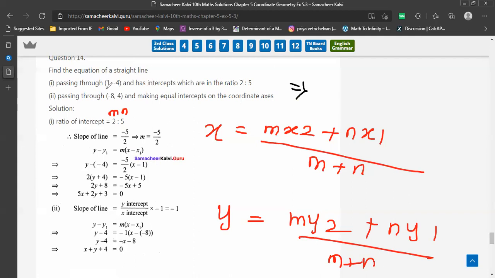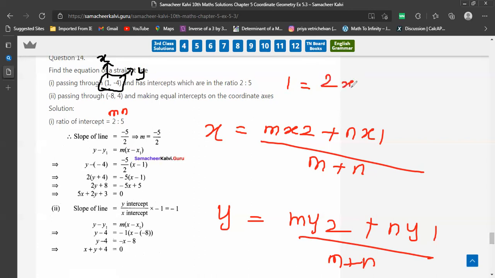So here the given point is passing through 1 comma negative 4. So 1 is going to be x and negative 4 is going to be y. Okay. So 1 is equal to mx2. So m is 2 in this.